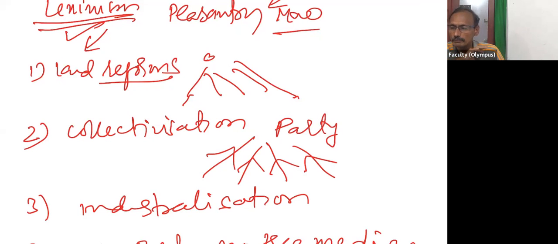All of them will be branded as class enemies and tortured or killed. So much violence would be involved in this. And do you know that violence divides the village? Do you know what happened in the case of Mao?